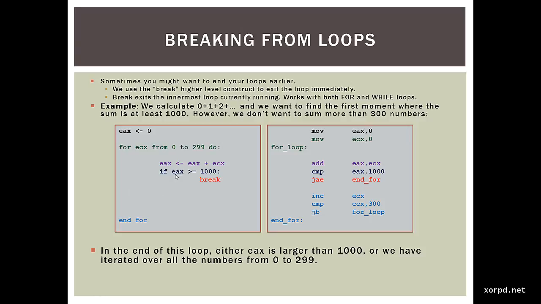We are going to see this in a moment in the assembly code, but this is a pretty important feature of the high-level branching constructs. They can be nested inside each other.